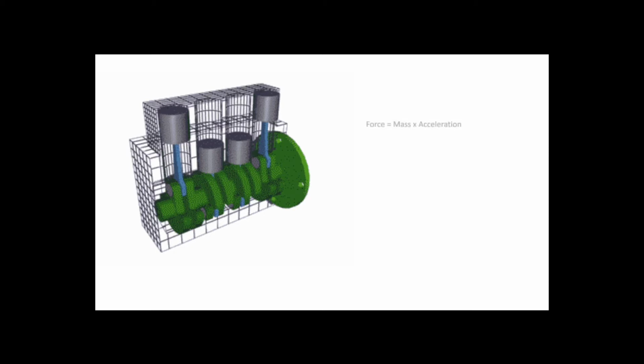Now, force is equal to mass times acceleration. So if we assume that all four masses of these pistons are equal, then that shouldn't make any difference. But we've just said that because of the shape of the triangle formed, that they will accelerate downwards and upwards at very, very slightly different rates.